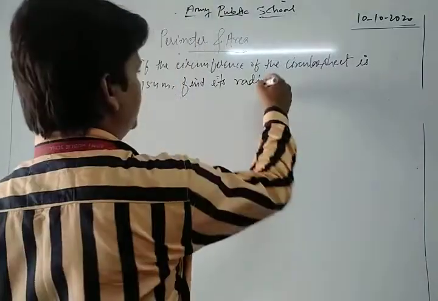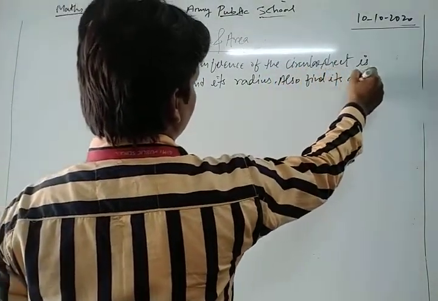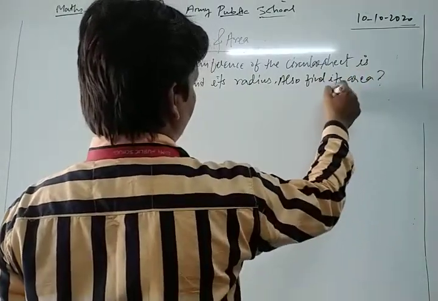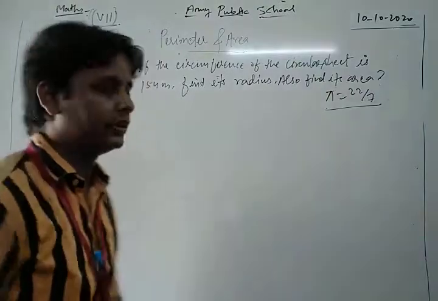Also find the area of the sheet, and take pi is equal to 22 upon 7. This is the question. Let's see its solution, dear friends.